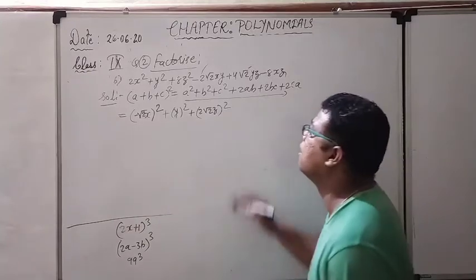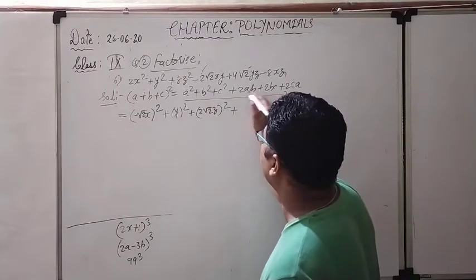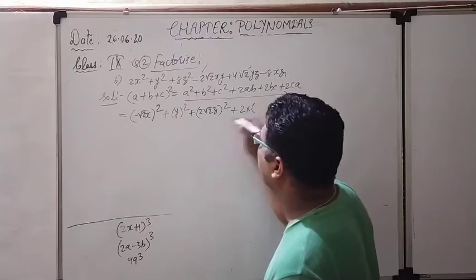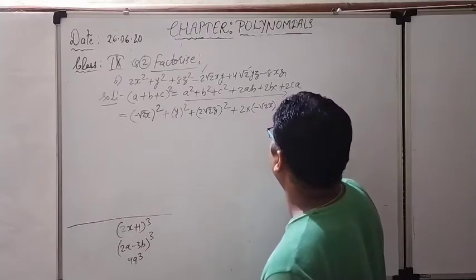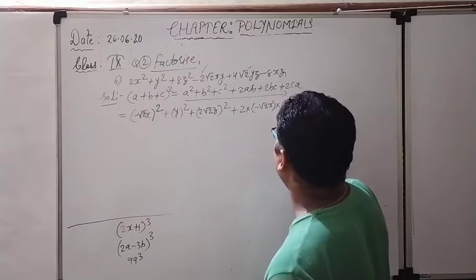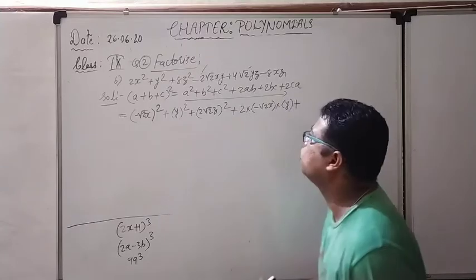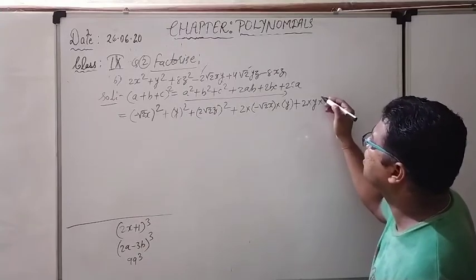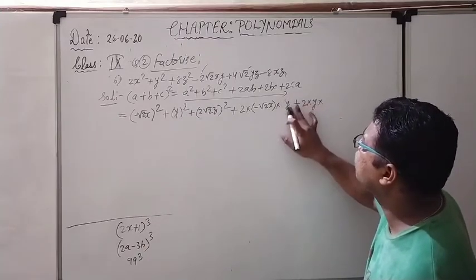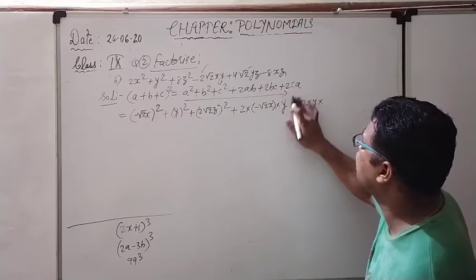Right now see the things. Right now we have to arrange the things. 2ab means 2 into a. What is a? Minus root 2 x, into b. What is b? y. Plus 2bc. Plus 2bc means 2 into b. What is b? y. What is c? Only for the negative sign we should write down the bracket. Okay, no need to worry.